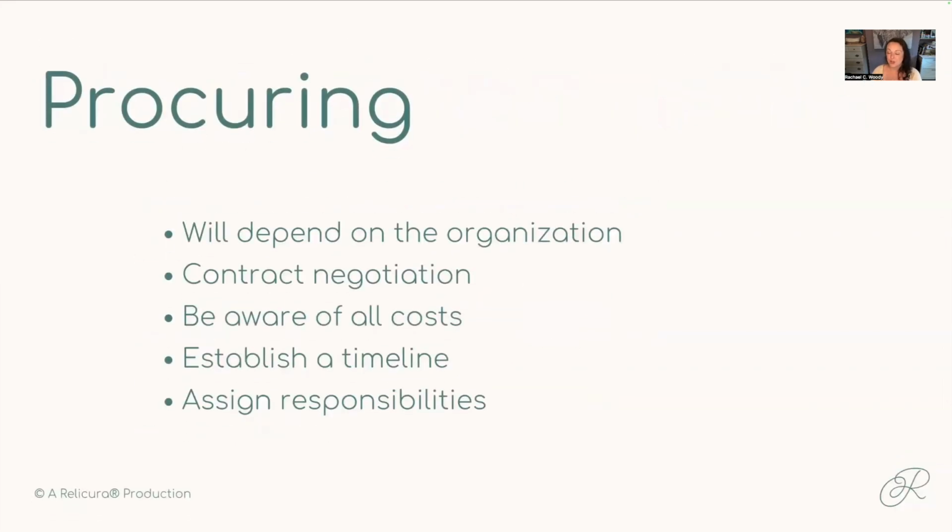Now, procurement will depend on what your organization looks like. For example, if you are a city, state, or federal organization, the procurement process is going to be pretty heavily dictated. In which case, great, you can ask for what that looks like and how to get started.